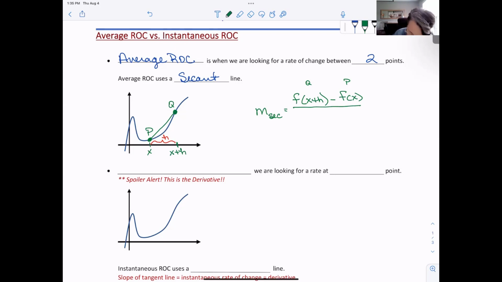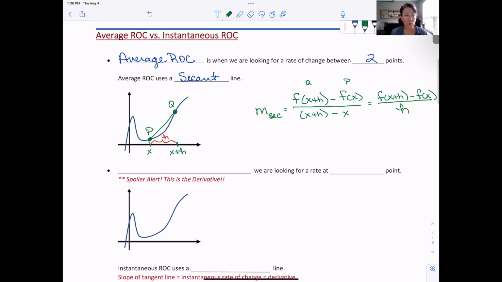Notice if we take the x plus h minus the x, that's just going to give us h in the denominator. So f of x plus h minus f of x over h. This is the difference quotient. We've been doing it all along, right? But now we're just defining that space between x and the next x as having a distance of h. So when you subtract those 2, the change between those 2 x values is just going to be h.